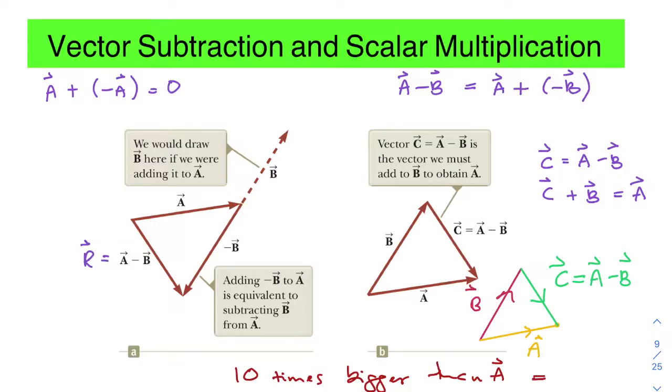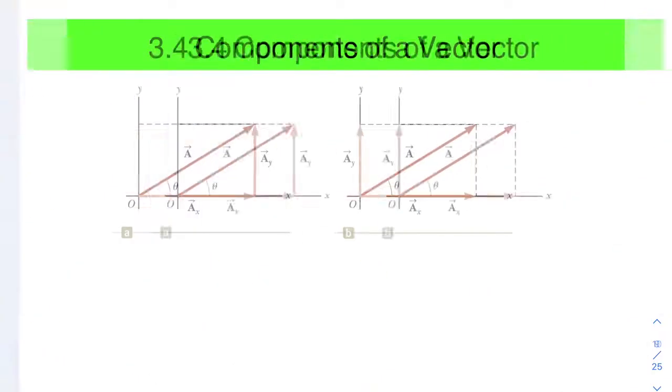New vector that you're going to have, let's say vector D, is equivalent to 10 times vector A. That's the meaning of scalar multiplication. Right? Half of A, 1/3 of A. So variation of it. You may do it in variation time multiplication process.